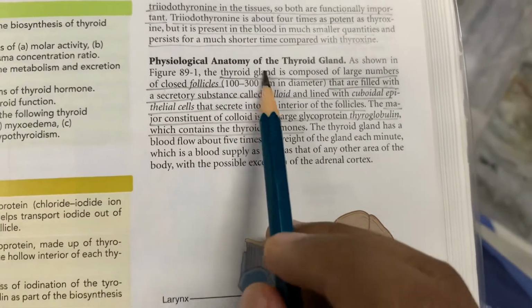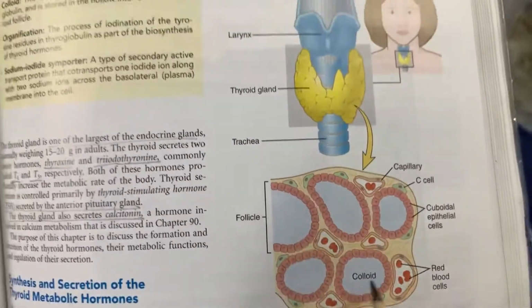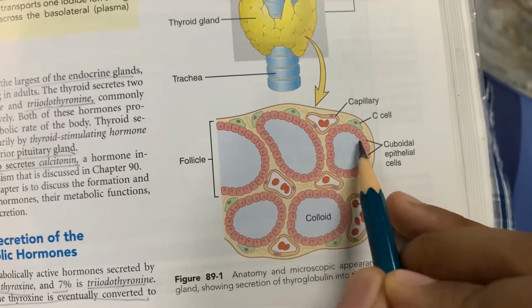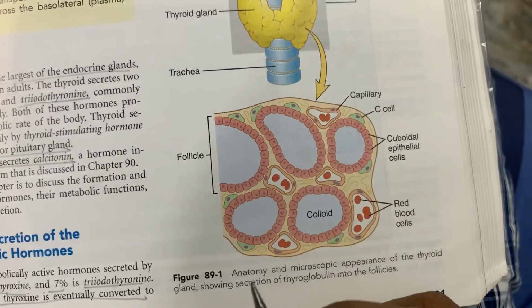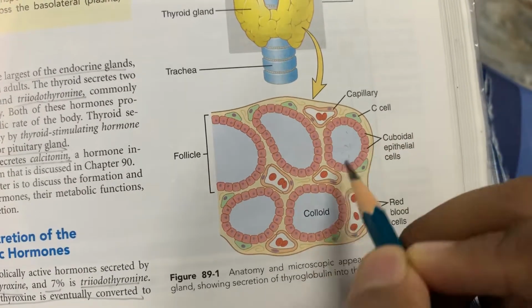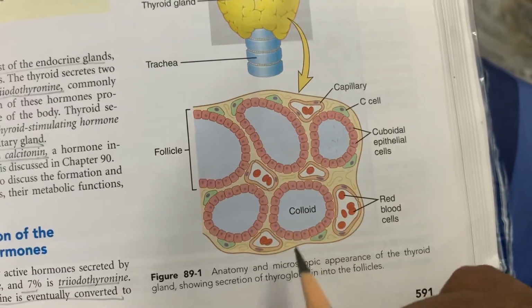And when we talk about the physiological anatomy, the thyroid gland is composed of a large number of closed follicles. Okay, they are filled with secretory substances, and they are called colloids, and they are lined by cuboidal epithelium. Okay, you can see the colloid here lined by cuboidal epithelium. This is the follicle.